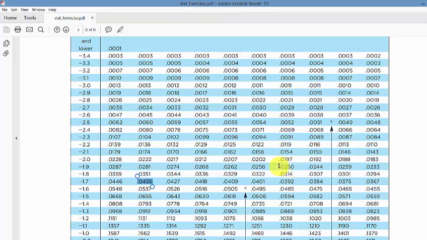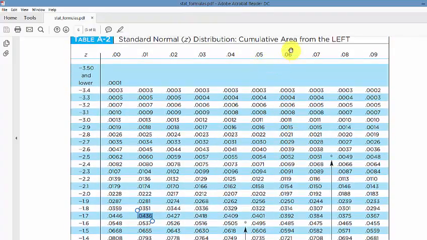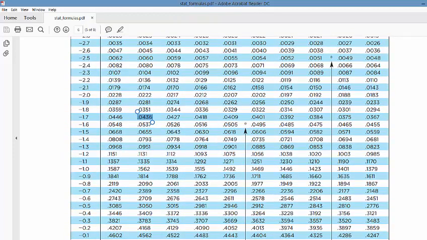Going out to the outer side, it's negative 1.9. Let's go find that again. So it was right here, negative 1.9, and then 6 in the column.